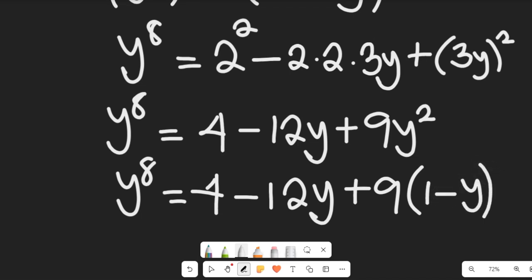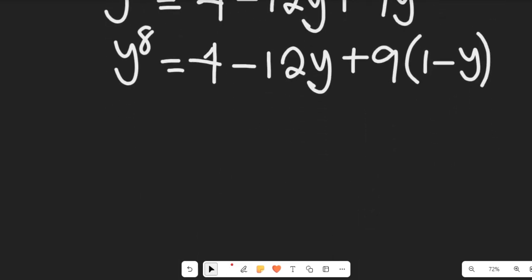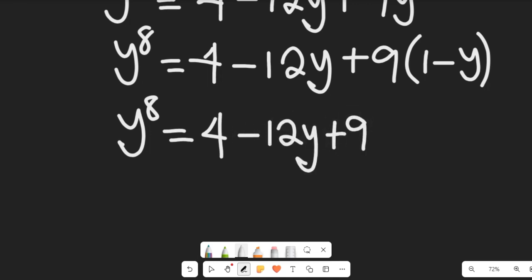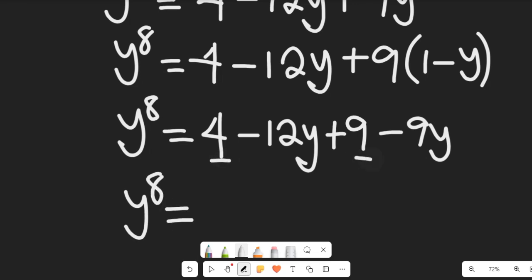Recall, that's the value of y squared. So let's simplify. We'll have y to the power of 8 equal to 4 minus 12y plus 9 minus 9y.